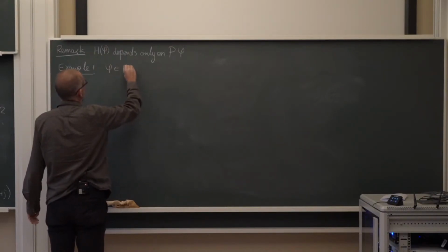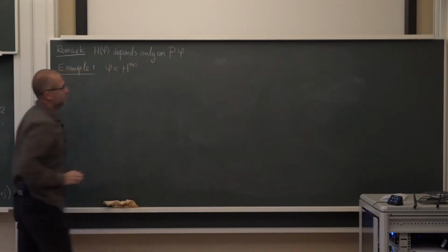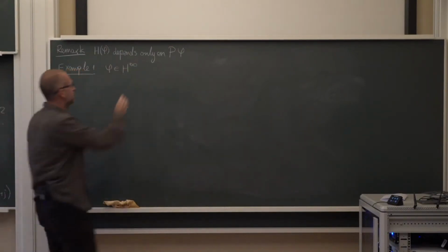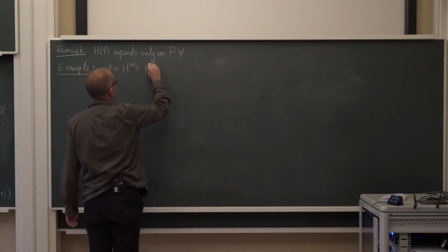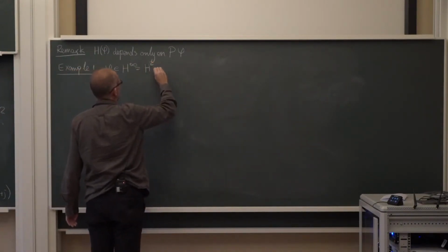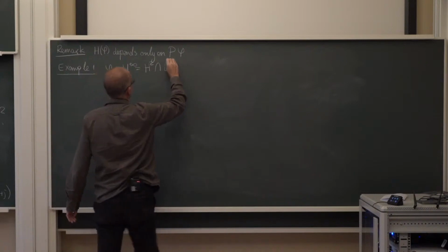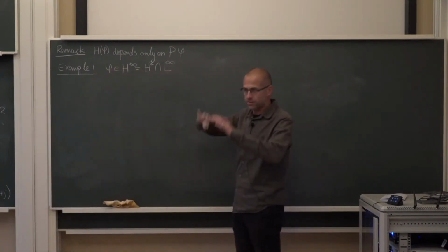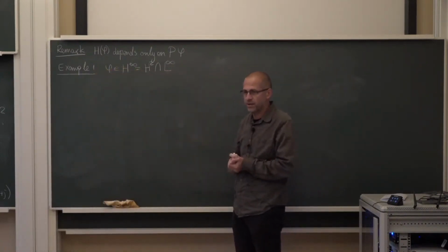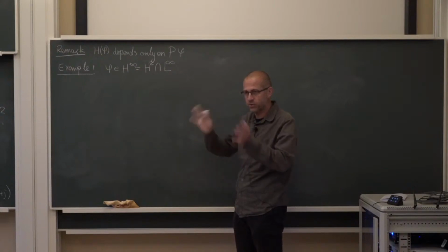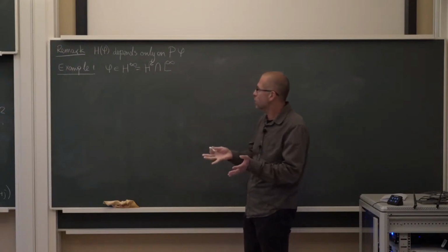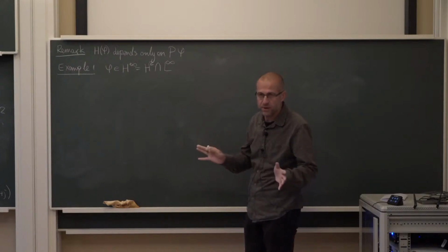Let phi be in H infinity. There are several definitions of H infinity. One of them is the intersection of H2 and L infinity, so it's a bounded function which is also analytic. Okay, so it's a function on the unit circle whose Fourier coefficients with negative indices vanish.